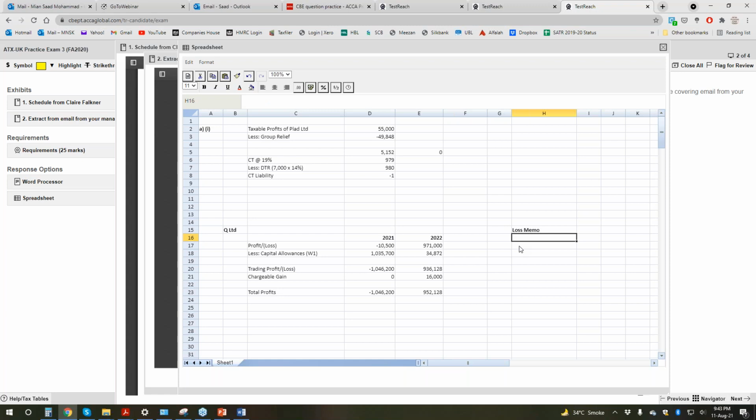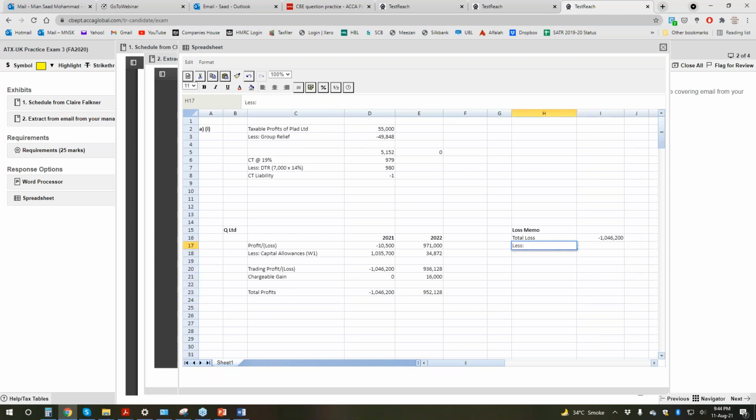So the total loss was 1046,200. This was the total loss.